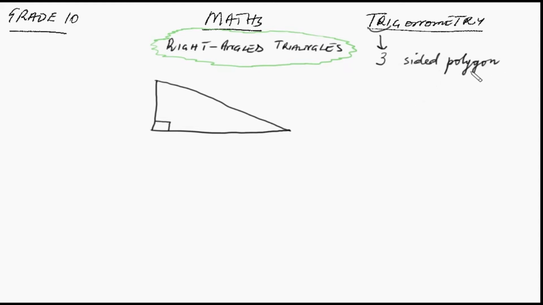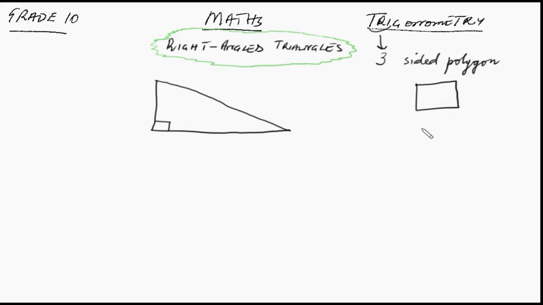When we talk of a polygon, remember we are talking about a closed shape with straight sides. Let's say we have this. This shape is closed and the sides are straight, so it's a polygon.